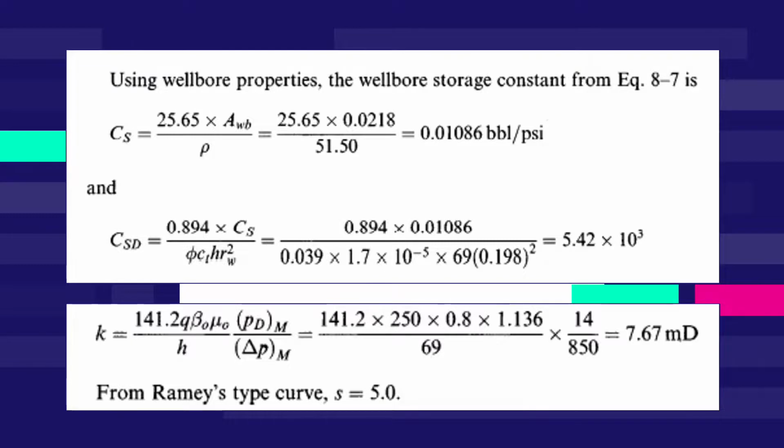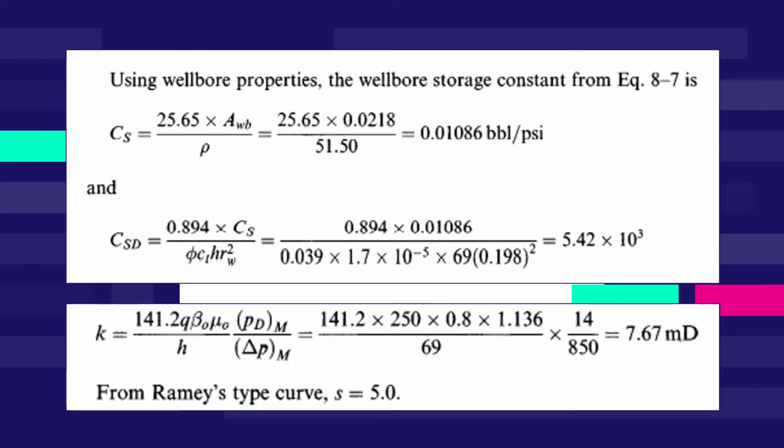And CsD, the dimensionless wellbore storage, is equal to 0.894 times Cs all over porosity times compressibility times thickness times wellbore radius squared. So equal to 0.894 times 0.01086 all over 0.039 times 1.7 times 10 raised to negative 5 times 69 times 0.198 squared, which is equal to 5.42 times 10 raised to negative 3.